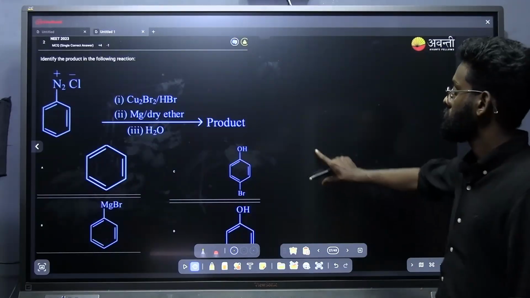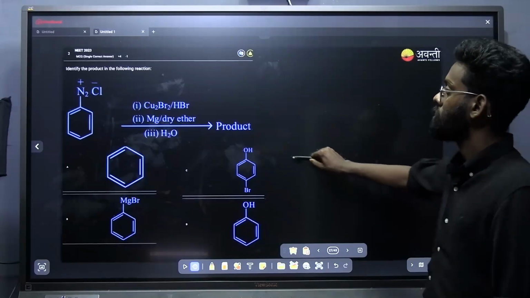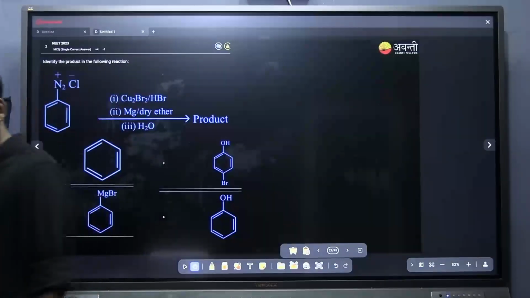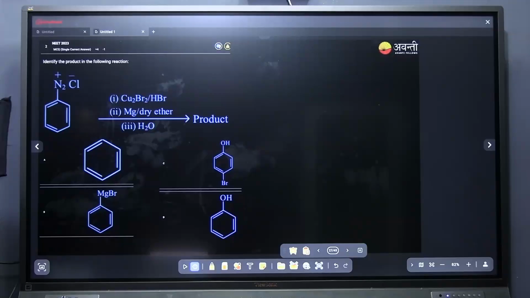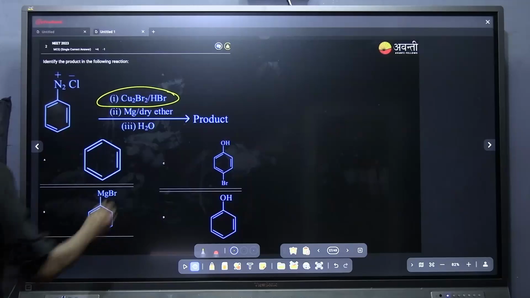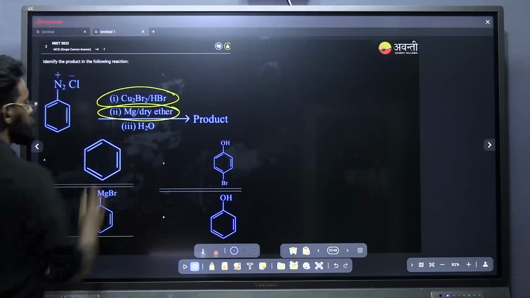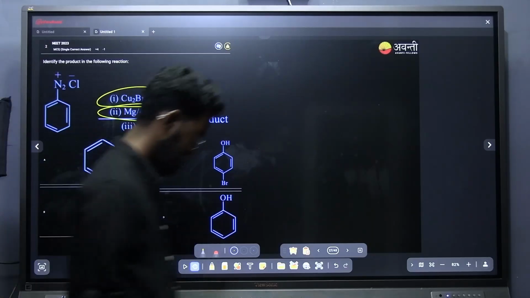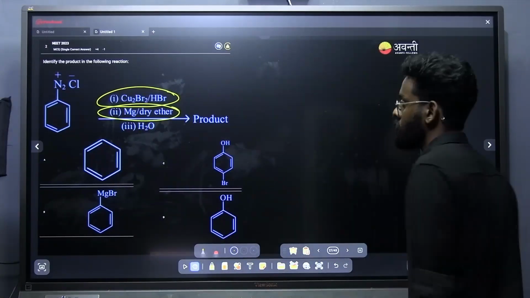Okay, another question. This is for you. All of you solve it and get me the answer. Cu2Br2, what is this reagent? Just now we have discussed. Then magnesium in presence of ether. What are these?